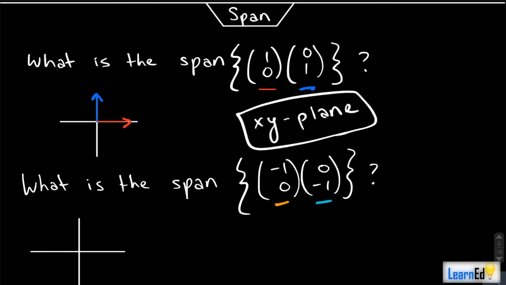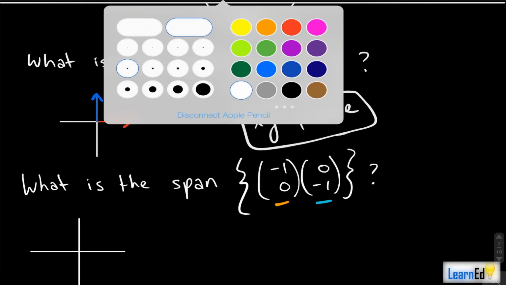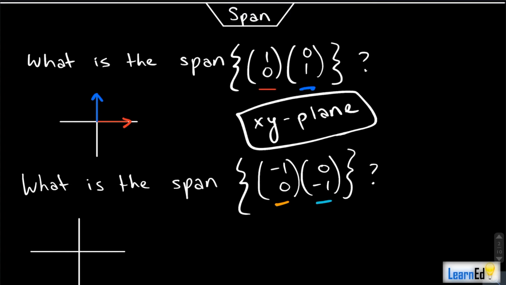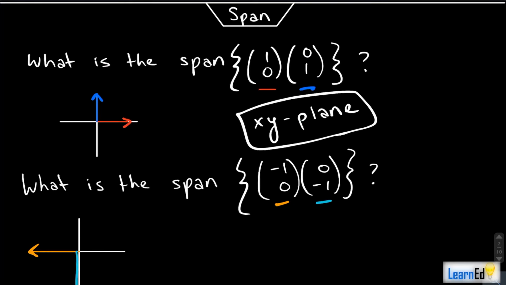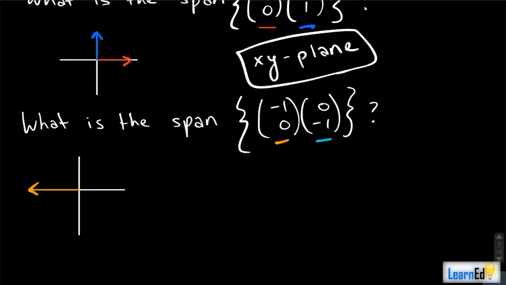Now we'll try this again with another problem. Here we have -1, 0 and 0, -1. Now, what's the span of these two vectors?